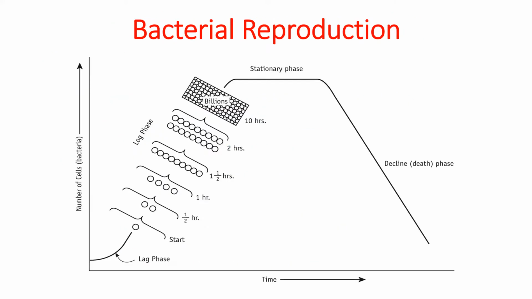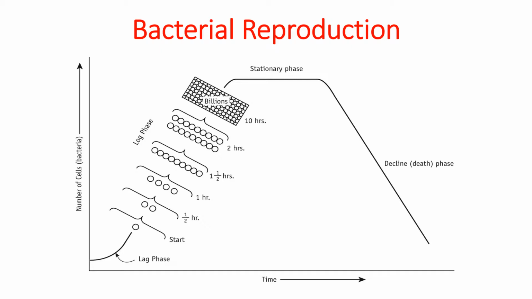This slide shows you how bacteria reproduce exponentially, which means it doesn't take very long for one bacterial cell to become literally billions. You can see on the bottom left-hand side a single cell at the start. Within half an hour, this particular bacteria divides in two.